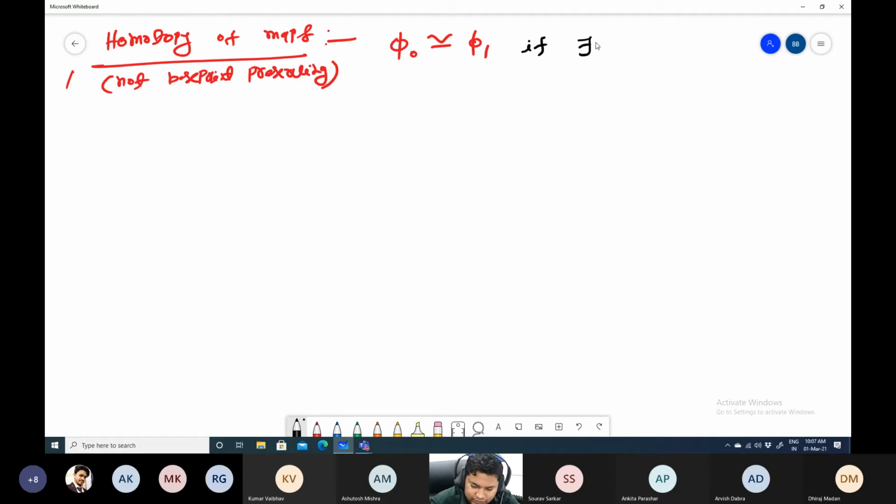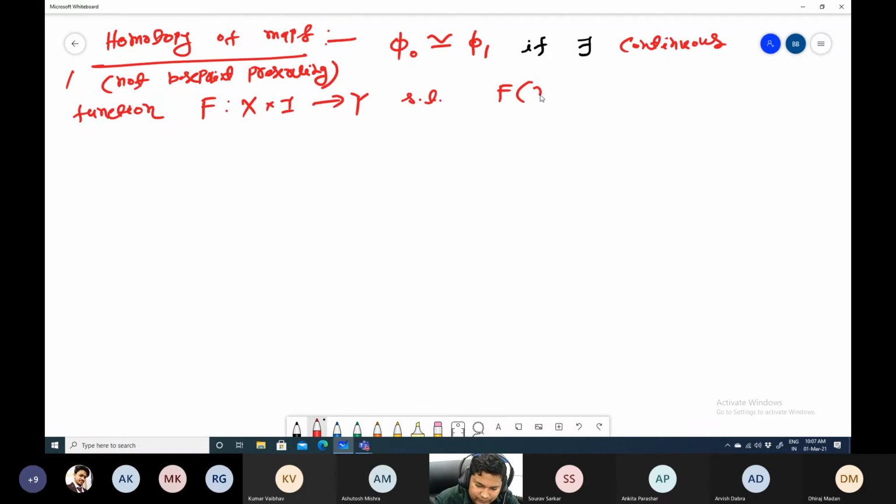If so, there exists a map, we do not write that it is a continuous function, we can just write it as map, F from x cross I to y such that F of (x, 0) is only phi 0, and F of (x, 1) is only phi 1. Now, phi 0 is homotopic to phi 1.